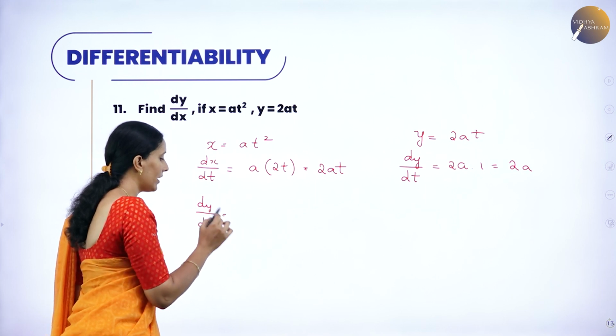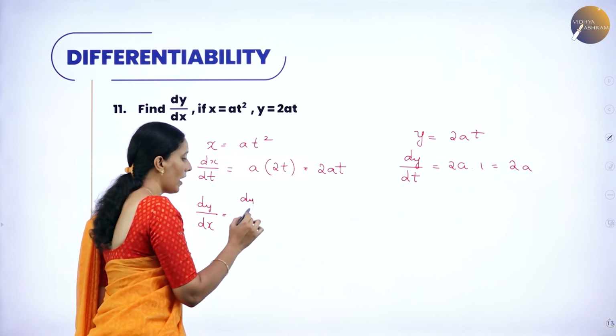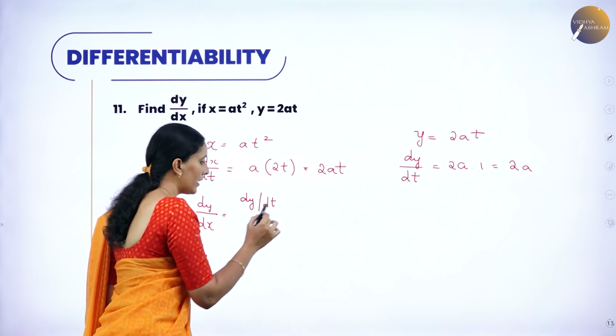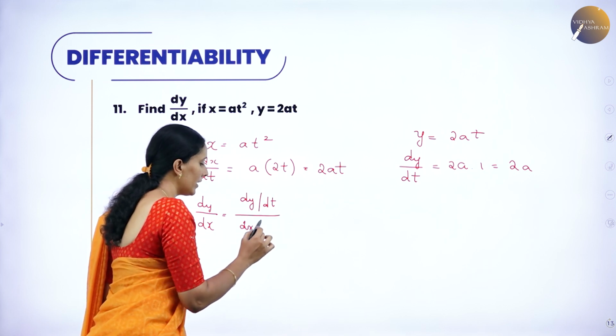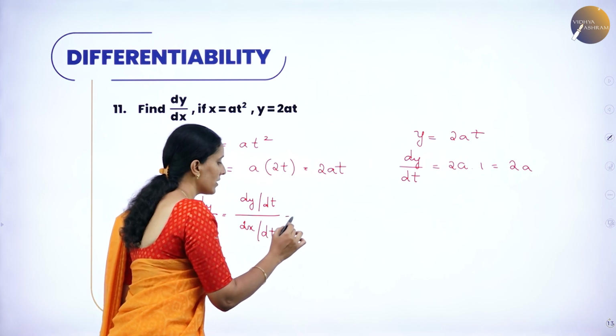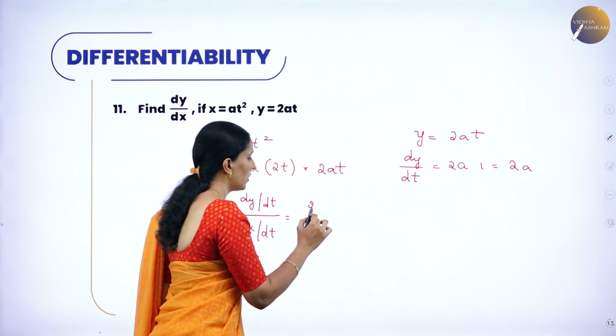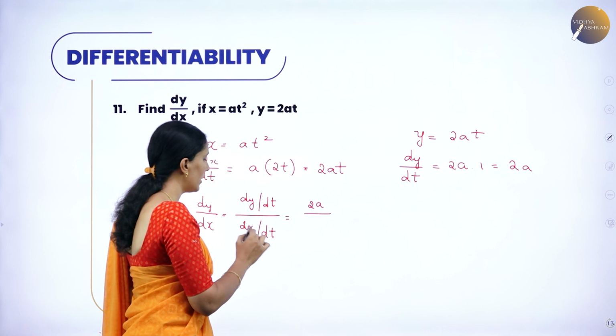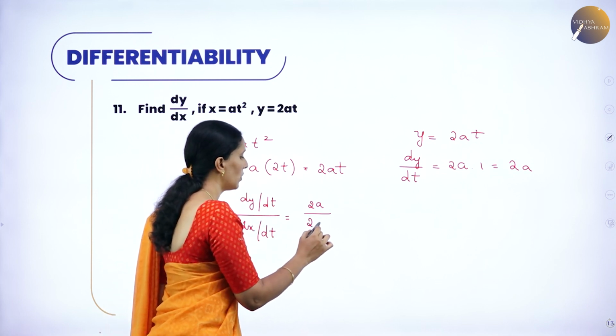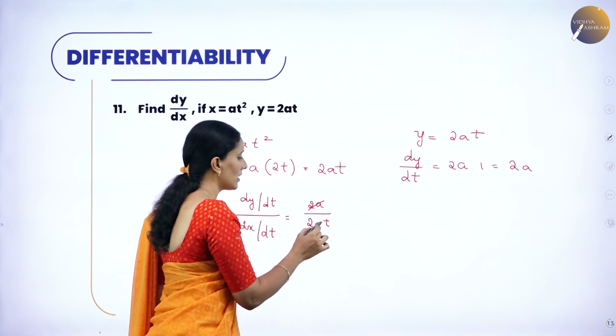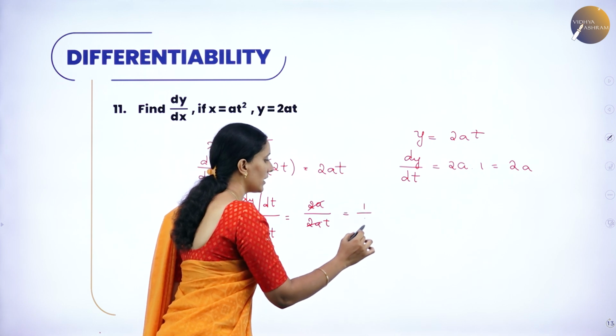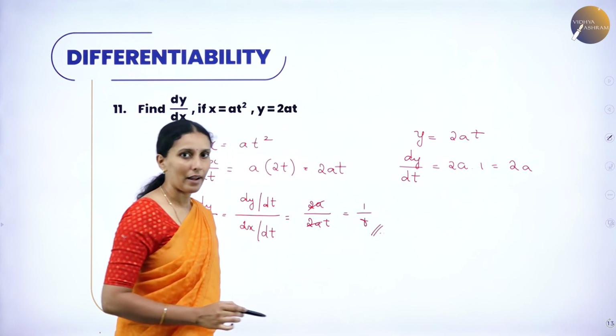How can we find dy by dx? This can be done by dy by dt over dx by dt. What is dy by dt? It is 2a. And here what is dx by dt? It is 2at. So cancel this, it is 1 by t. So this is the derivative.